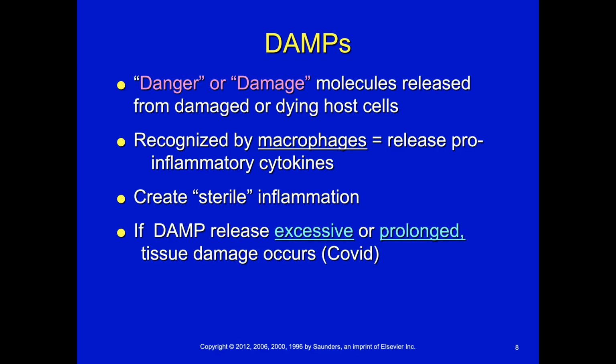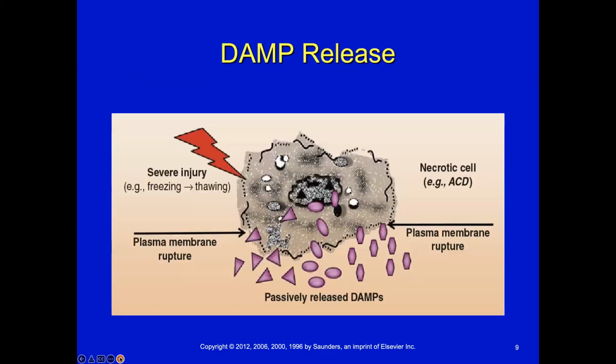So these are recognized as something that the macrophages respond to. If the DAMP release is excessive or prolonged, then the macrophages are going to keep over-responding, and then you will get tissue damage occurring. And this is what happens in COVID. And I'll be talking about that a little bit later here.